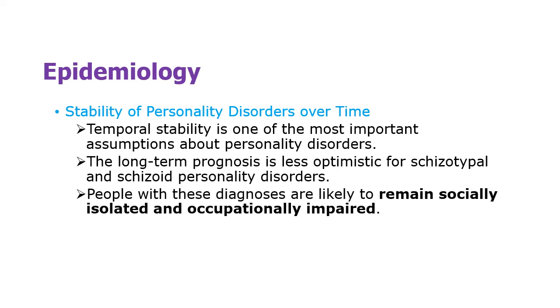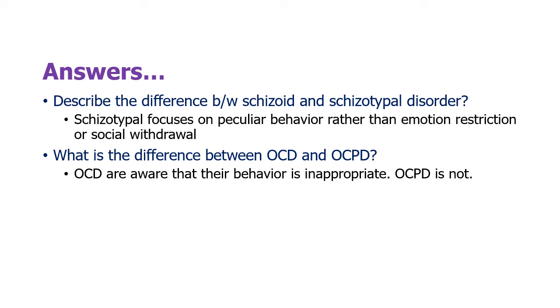change. And it's even less of an optimistic prognosis for those with schizotypal and schizoid personality disorders. Now to answer the questions from the beginning of this section, describe the difference between schizoid and schizotypal disorder.